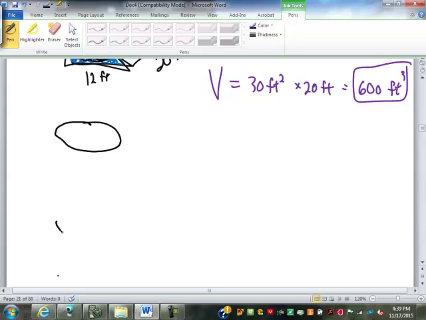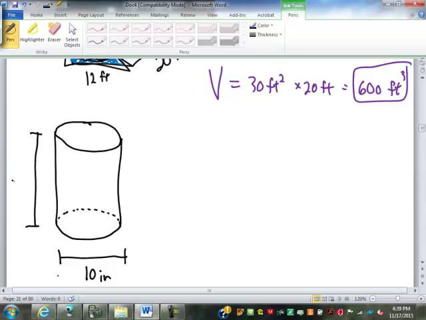There you got it, cylinder. So I have a cylinder.